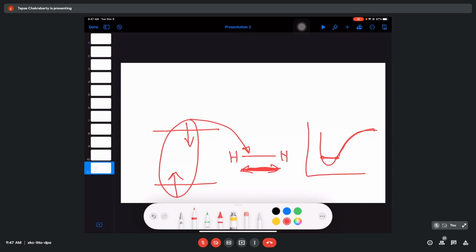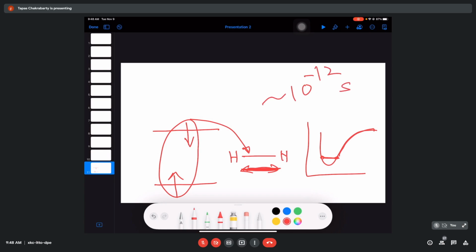So if you look at how much is the oscillation time scale of each of these chemical bonds in the nucleic acid bases, you will see that the time scale is of the order of about 1 picosecond. 1 picosecond is 10 to the power minus 12 second.